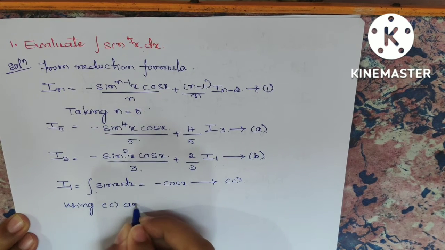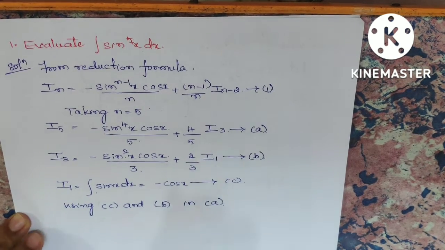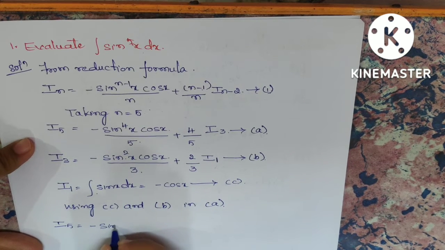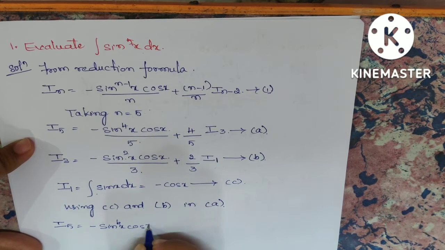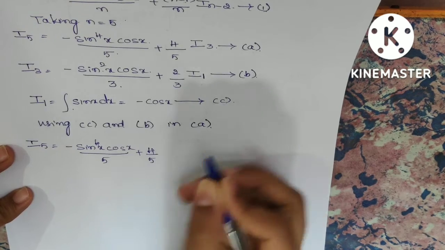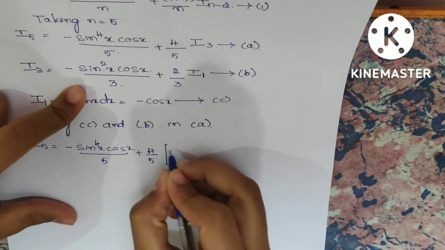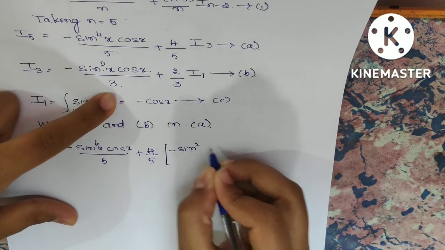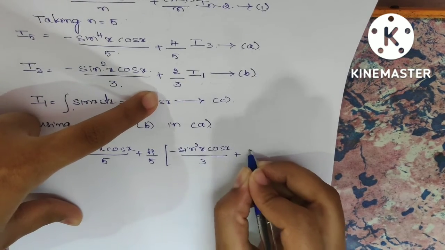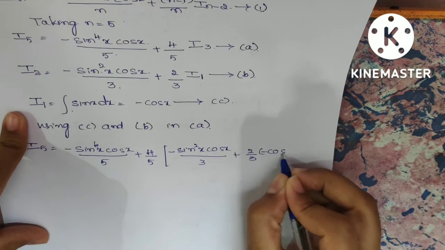Using C and B in A, we get I5 equals minus sin power 4x cos x by 5 plus 4 by 5. So in place of I3, I have to write this: minus sin square x cos x by 3 plus 2 by 3. So I1 is minus cos x.